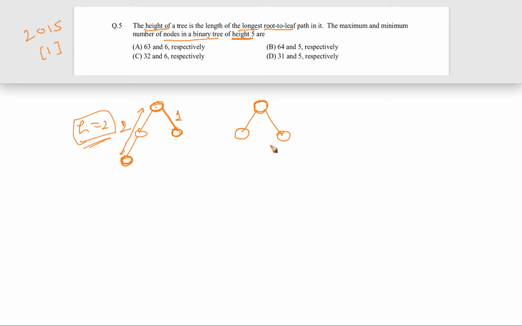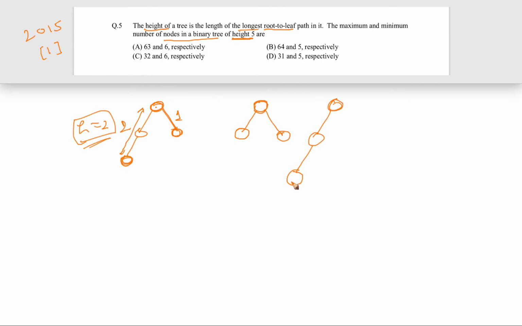But we have to maximize and minimize. It means that for 3 nodes, what is the maximum height which we can attain? For 3 nodes we can have something like this. Technically this is also a binary tree, right? In that case, for 3 nodes the height is 2.